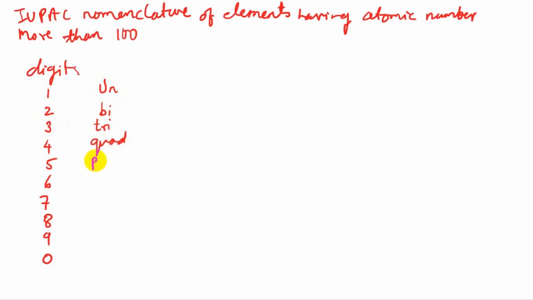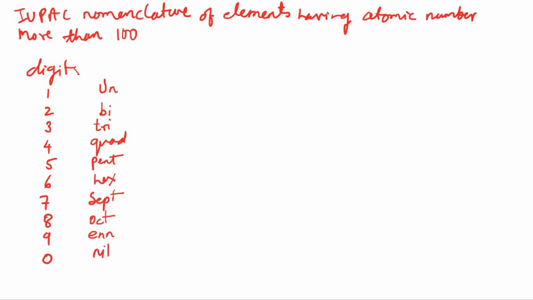Five means pent. Six means hex. Seven means sept. Eight means oct. Nine means enn, E N N. And 0 means nil. We are used to writing nil, isn't it? These names are obtained from the Latin source actually. Clear?